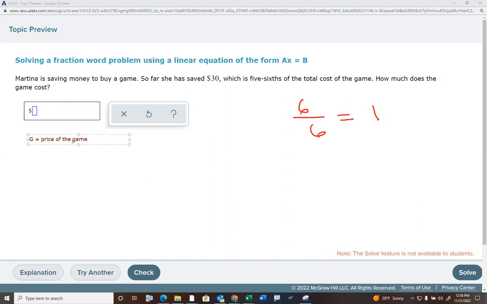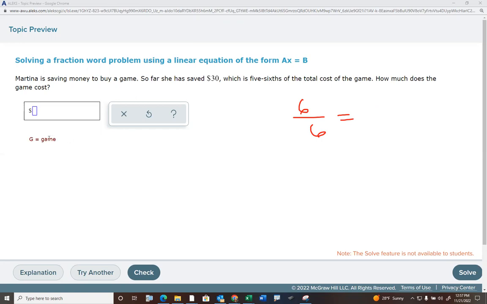Now, notice I didn't just say G equals game, which is what a lot of people want to do. Why didn't I do that? Well, because that's a little bit ambiguous. I don't want the math to be any harder than it has to be. I want it to be easier. I want to know exactly what G represents. Oh, nuts.